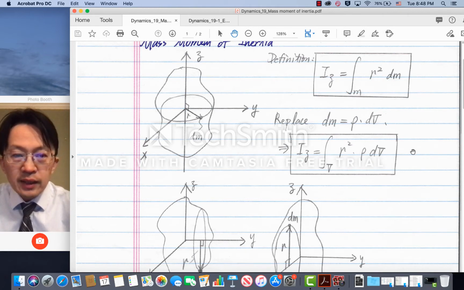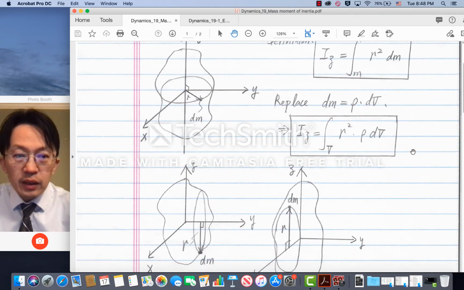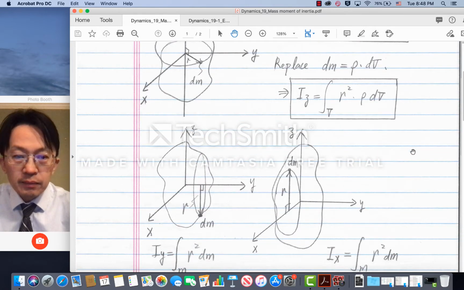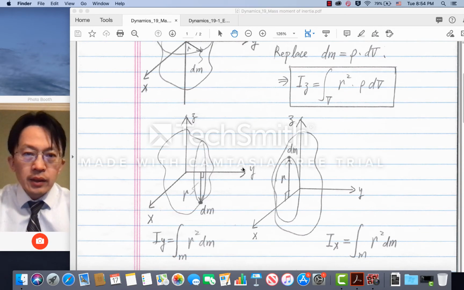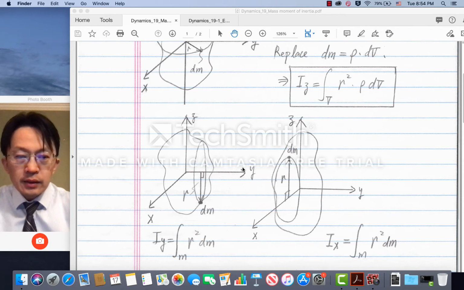For constant density materials and objects, rho can be taken out of this integral. Therefore, Iz becomes simply rho times the integral of r squared dV. The same definition can also be applied to the x and y axes. In those cases, Ix is the integral of r squared times rho times dV, and Iy is the integral of r squared times rho times dV.